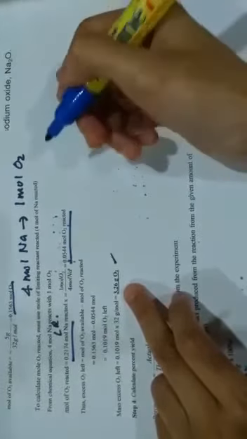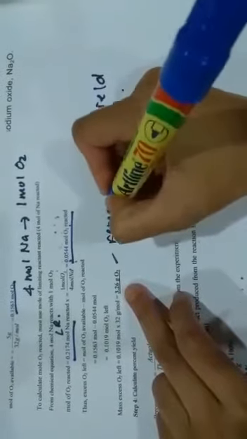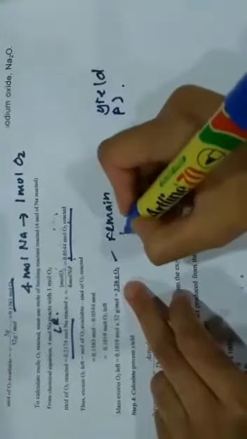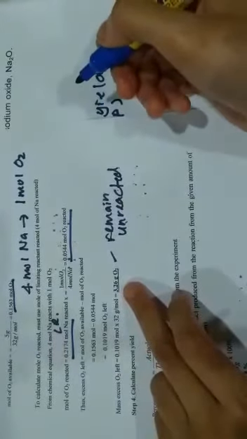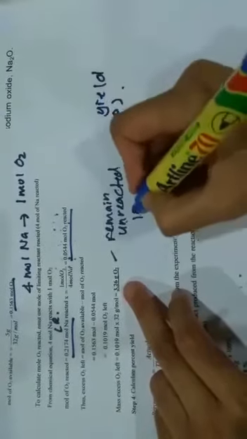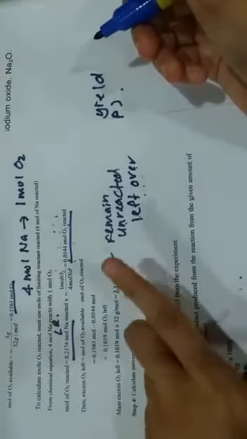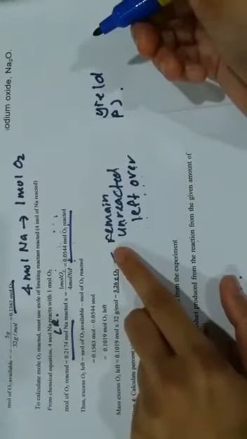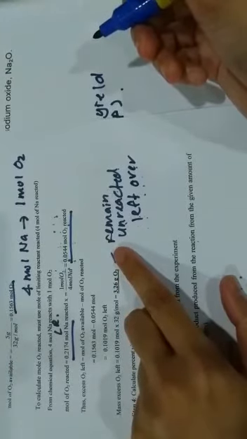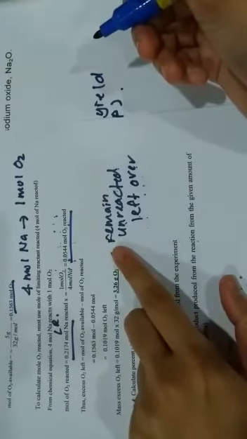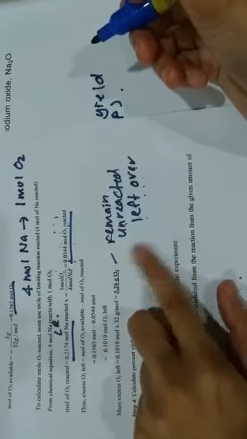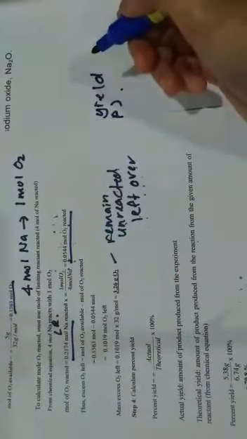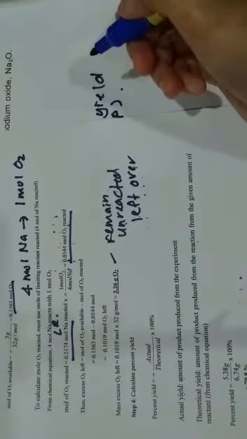So this is what remains, or unreacted, or left over during the reaction. Okay, sometimes questions ask you to calculate the mass of remaining excess reactant. Remain, unreacted, leftover, they are all the same.